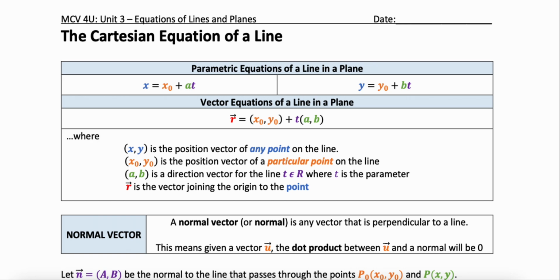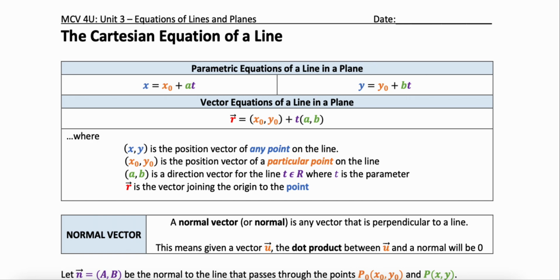AB was the direction vector for the line, and t is just some scalar, which is an element of the real numbers. t is our parameter that allows us to tell any point on that particular line. And we use r as the notation to represent the vector joining the origin to any particular point on that line.